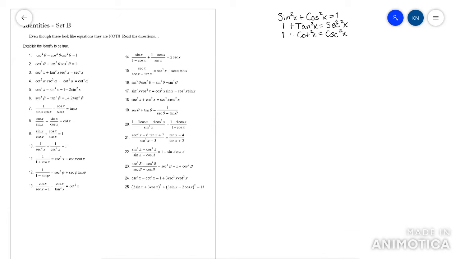Okay, I messed up my equations. There we go. All right, number 14. So when I look at number 14, I'm thinking conjugate and I'm thinking common denominators. So you got sine over 1 minus cosine, and it's a plus, and you got 1 minus cosine over sine.